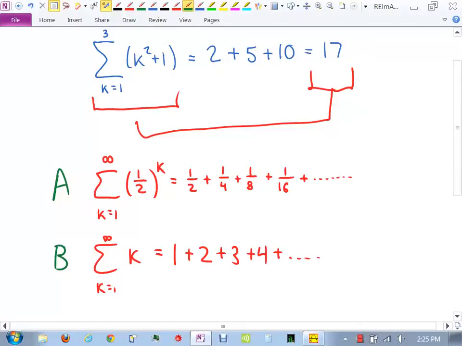Look at A. This is a very important thing. In Cal 2, this is part of what's called sequences and series. Part A is called an infinite series, or a series. And what you do in Cal 2 is you actually figure out if that adds up to something or not. In this case, I'm just trying to ask you the general question. Do you think that adds up to something or not?